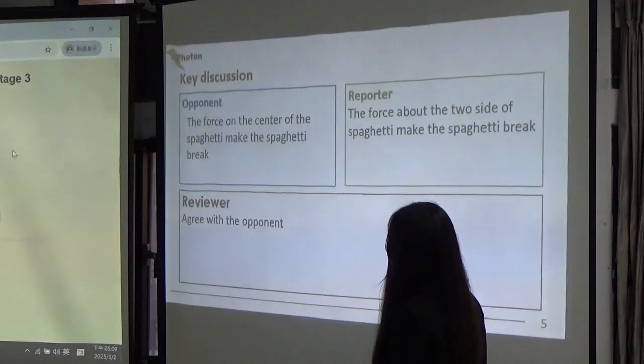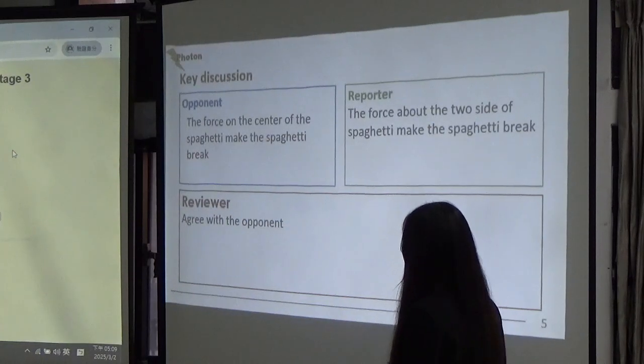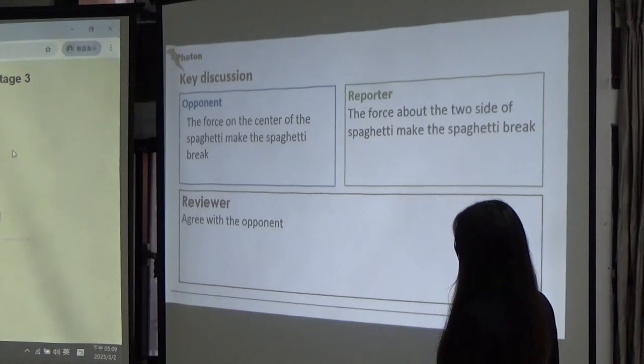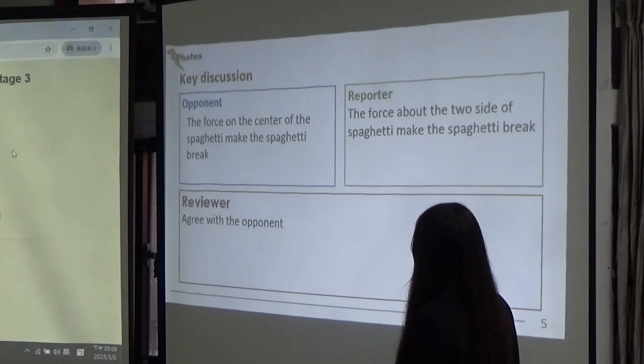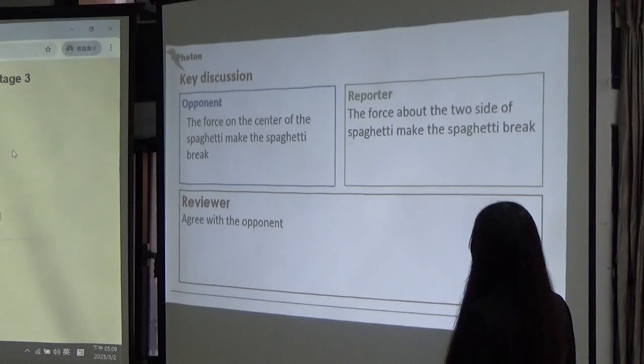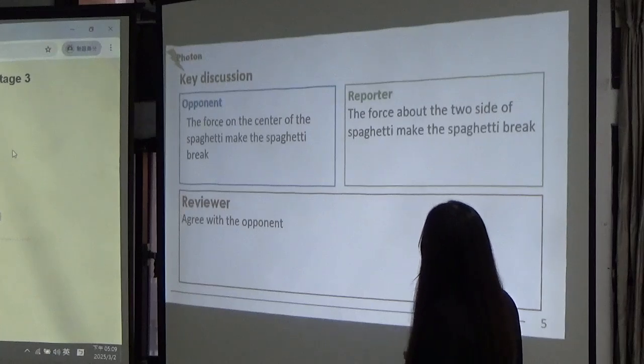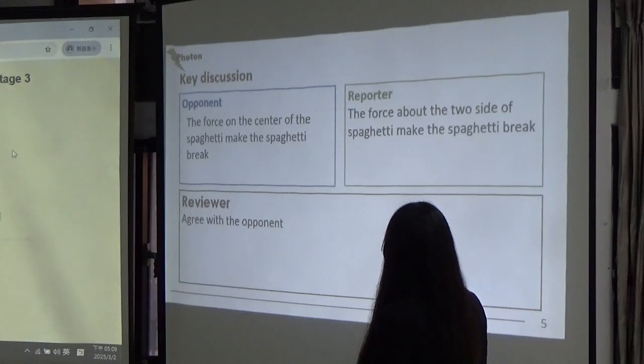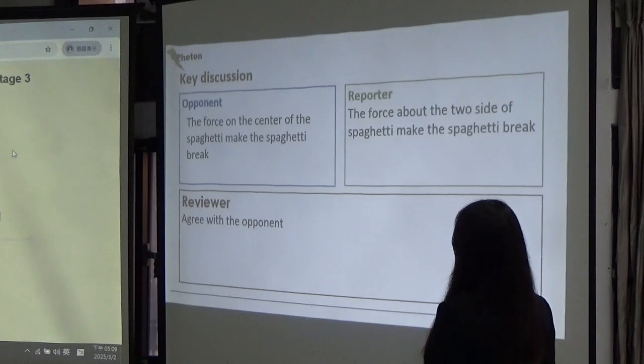In discussion one, the opponent asked which force on the center of the spaghetti makes the spaghetti break. He thinks it is the force by the tube, and the reporter thinks the force on the two sides of the spaghetti makes it break. And I agree with the opponent.